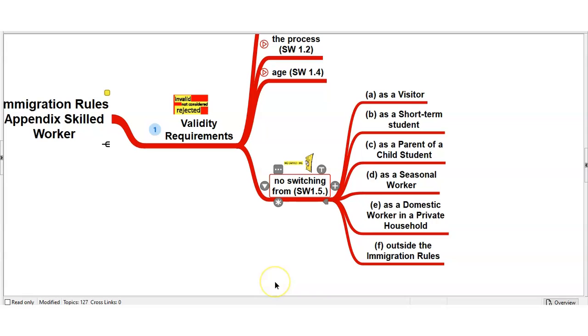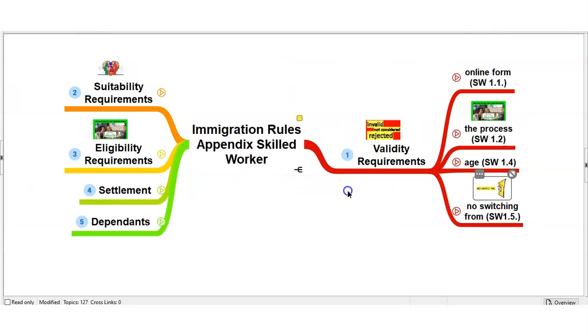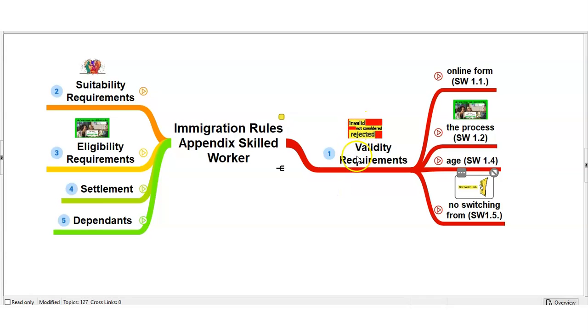So if you were granted some type of application which is outside the immigration rules, you will not be allowed to switch. And these were our very simple and straightforward validity requirements.